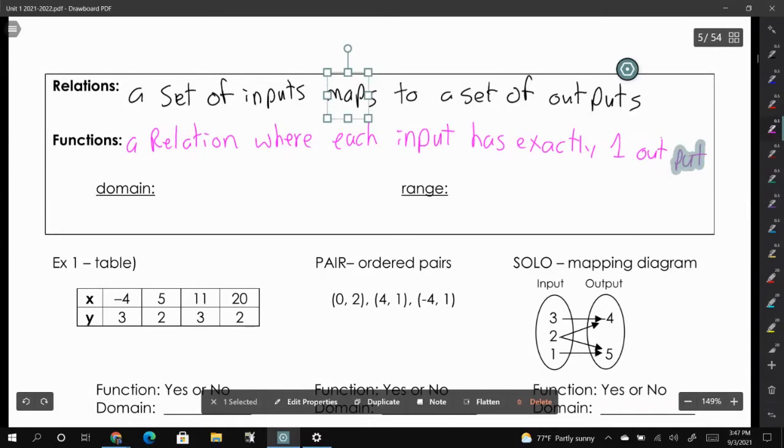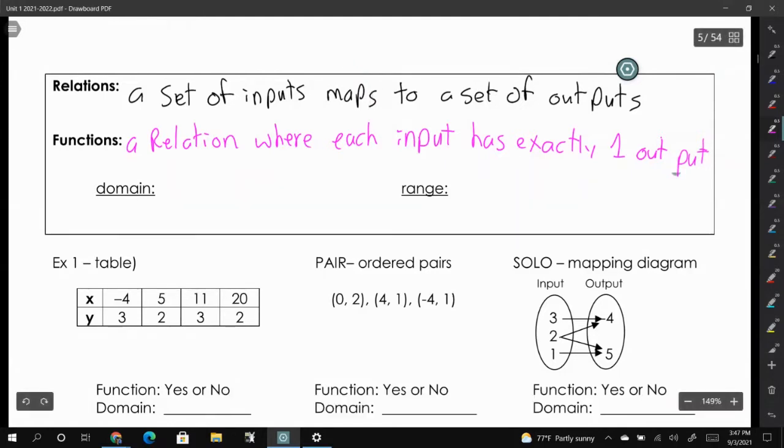So thinking of the vending machine example that I just talked about, if you push the button for Coke and you got Coke and water, that mapping is not a function because you have one input and you got two things back. You press the button once and you got Coke and water back.